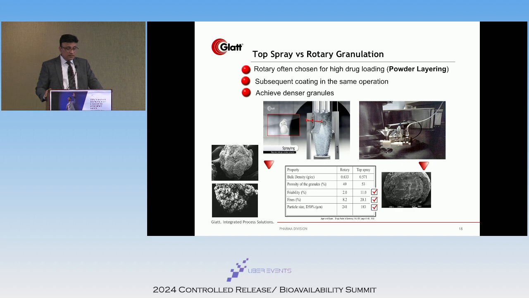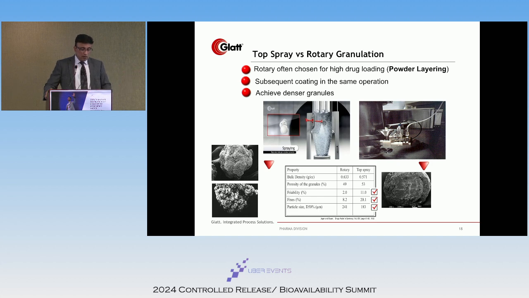Now, looking at this picture on the bottom left-hand corner, you can see the granules that were made are porous and a little less dense compared to the granules that were produced using the rotor, which are much denser. So you can have better, denser granules to fill into your capsule or compress into tablet, because you have high drug loading there.